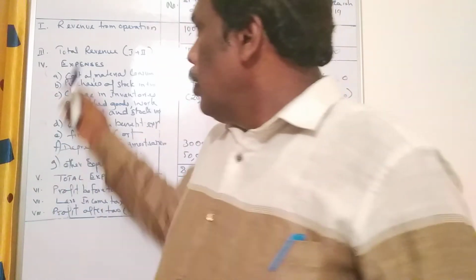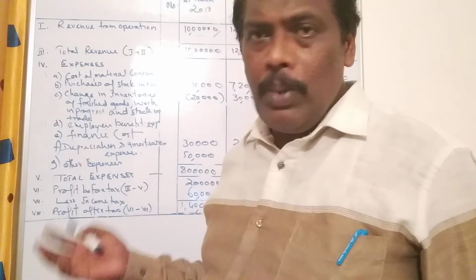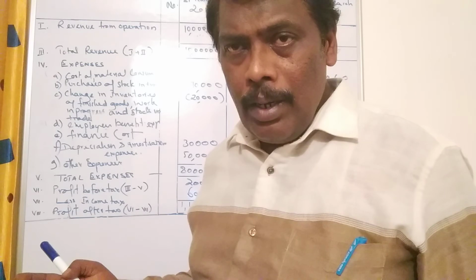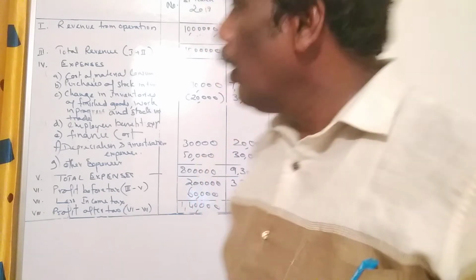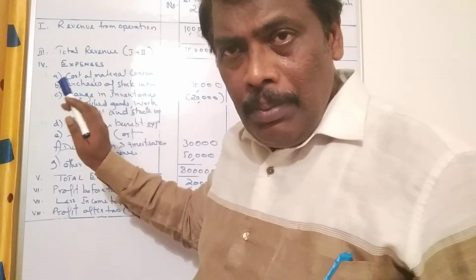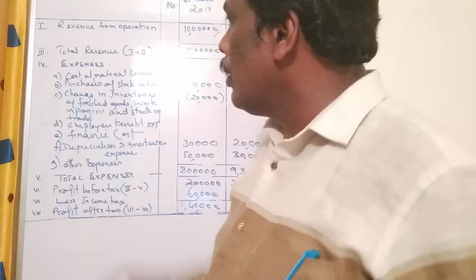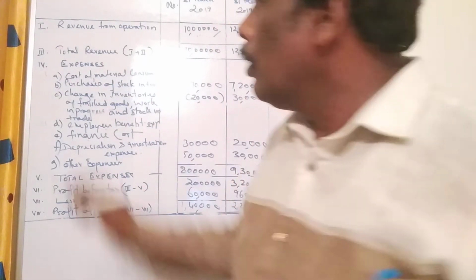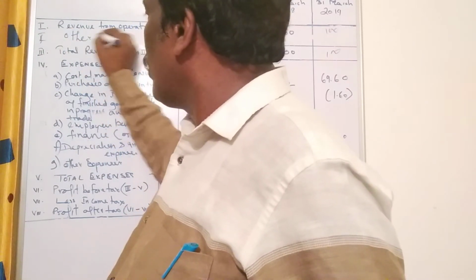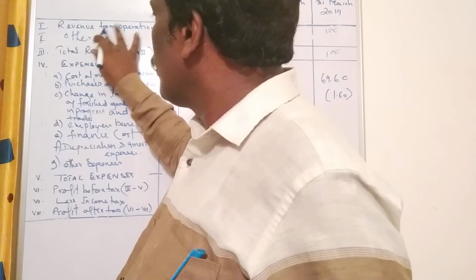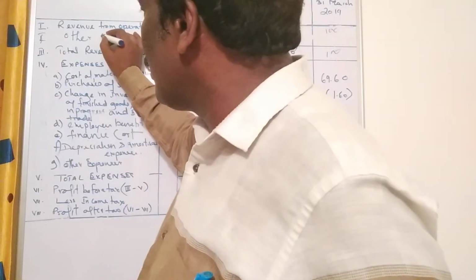So come to the format. The format will be the same as what we studied in the last episode in common size balance sheet. First Roman letter, we have to record the revenue from operation. Revenue from operation means sales minus sales return.